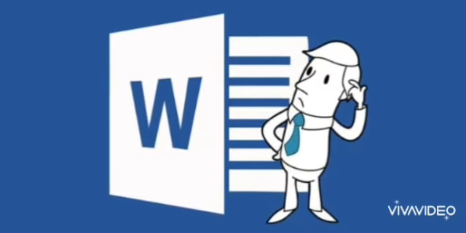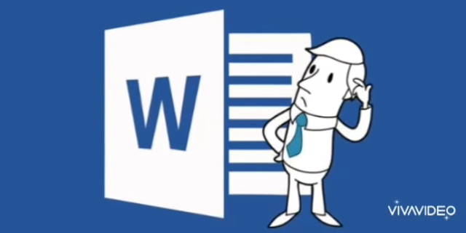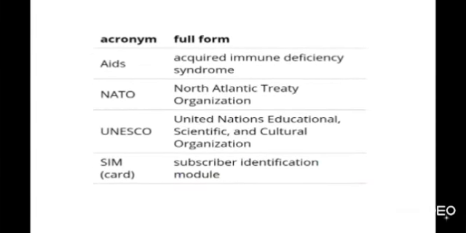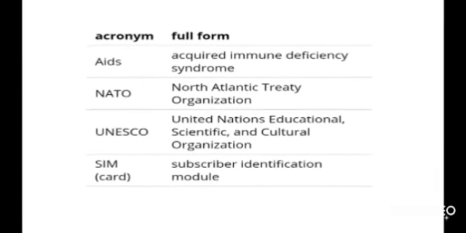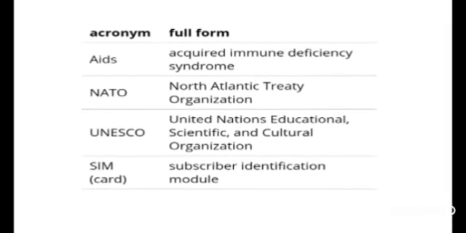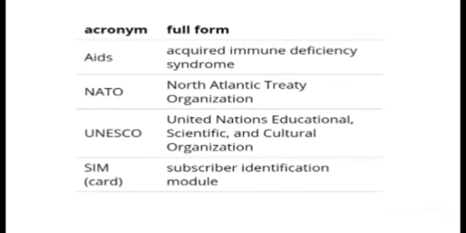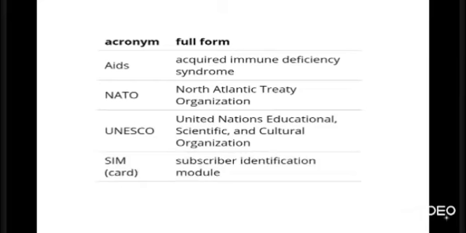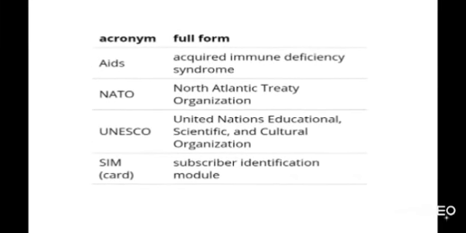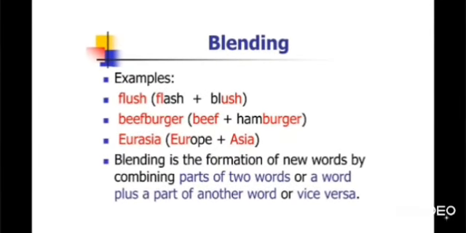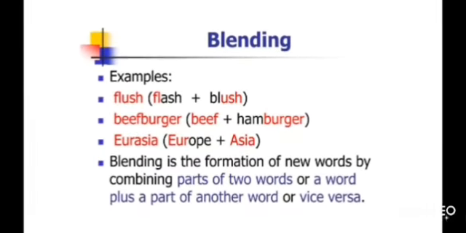Acronyms. Like abbreviations but act as a normal word. For example, UNESCO, United Nations Educational, Scientific and Cultural Organization. NATO, North Atlantic Treaty Organization. Blending.